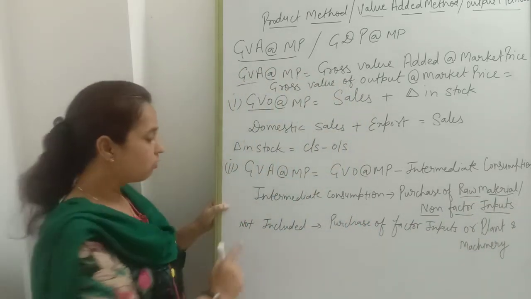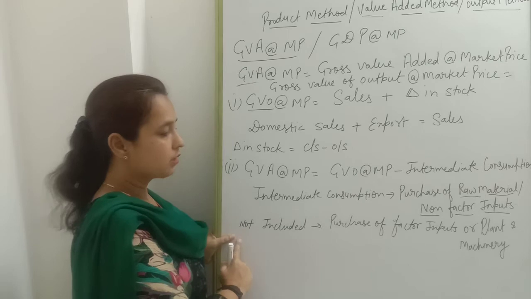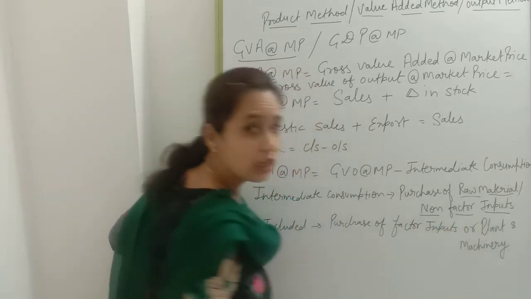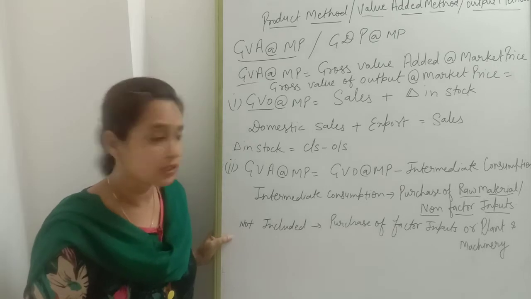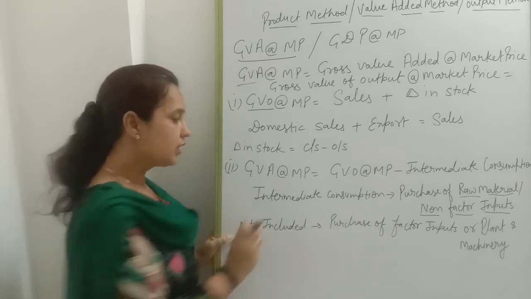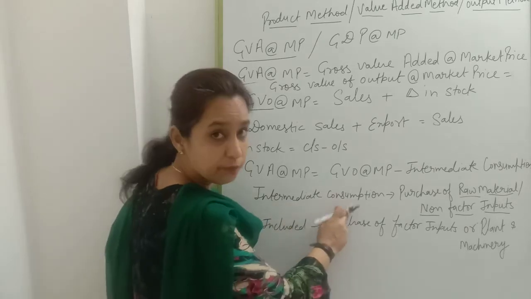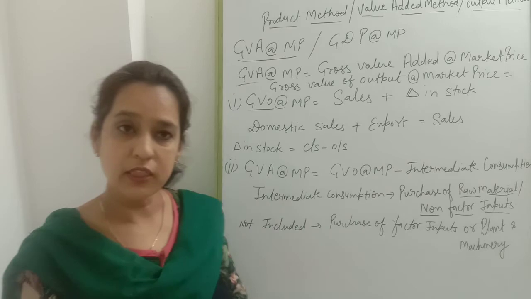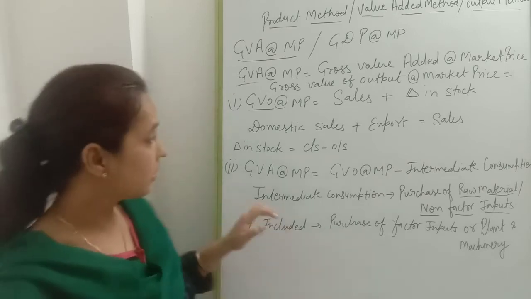Not to be included are purchase of factor inputs or plant and machinery, that is fixed assets. So fixed assets are never treated as intermediate consumption. If you want to know the meaning of intermediate consumption, go to my first lecture.